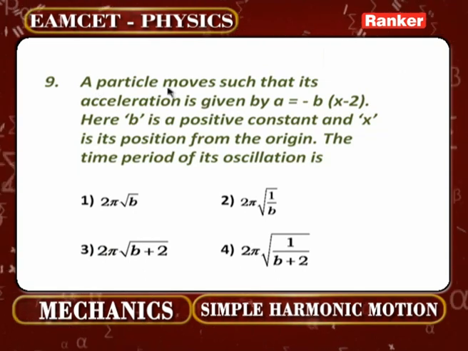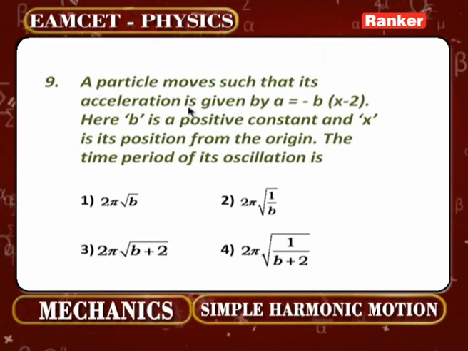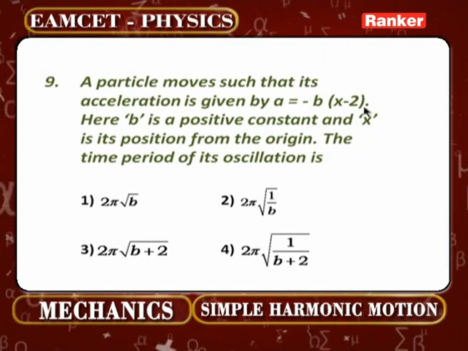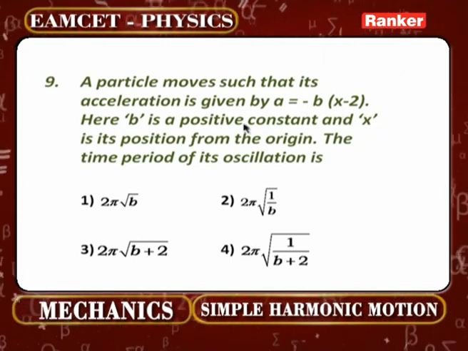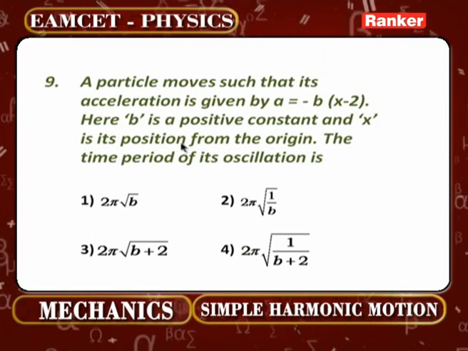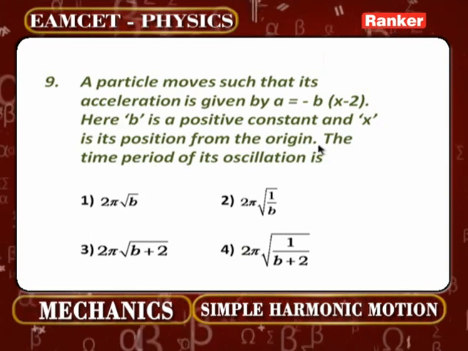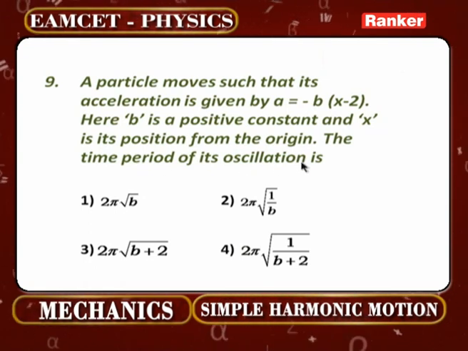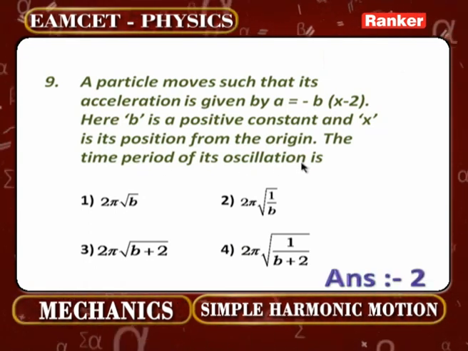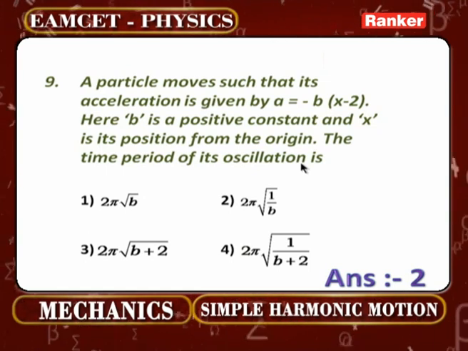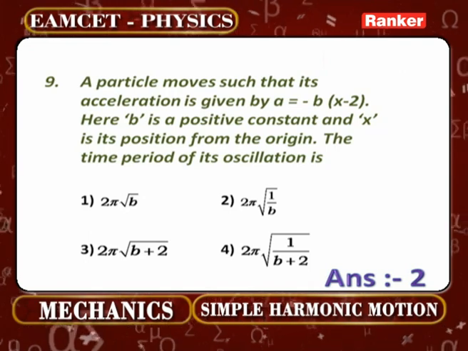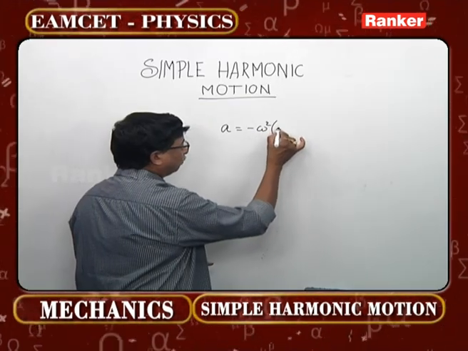A particle moves such that its acceleration is given by a is equal to minus b into x minus 2. Here b is a positive constant and x is its position from the origin. The time period of its oscillation will be how much? But in fact we know, according to the concepts of simple harmonic motion, acceleration is equal to minus omega square y.